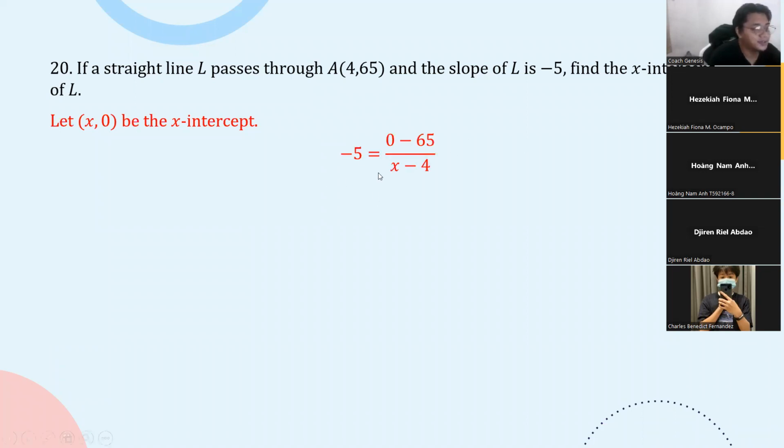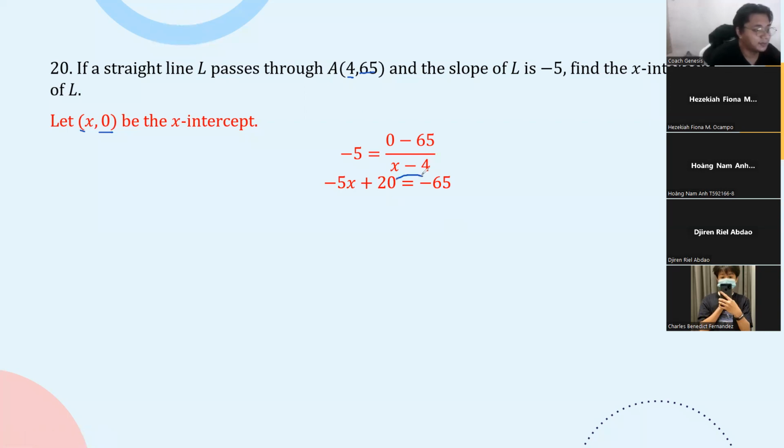Next, we use the formula of the slope, which is y sub 2 minus y sub 1 over x sub 2 minus x sub 1. Or usually we call it rise over run, right? So you have 0 minus 65 divided by x minus 4, that is equal to -5. We then have to solve for x. So you multiply both sides by x minus 4, and you will get -5x plus 20 is equal to -65.